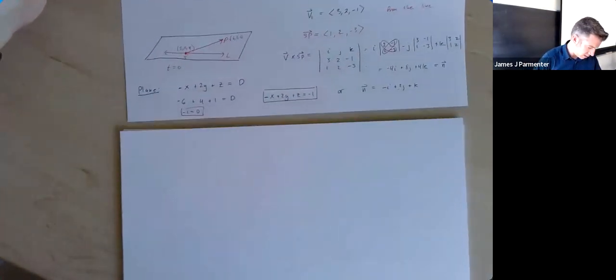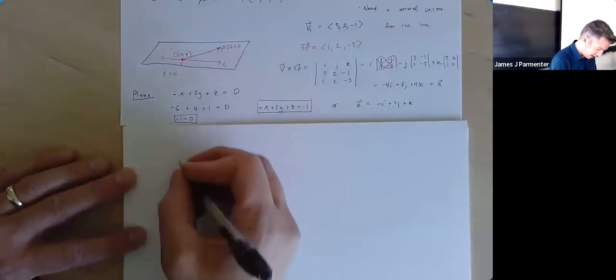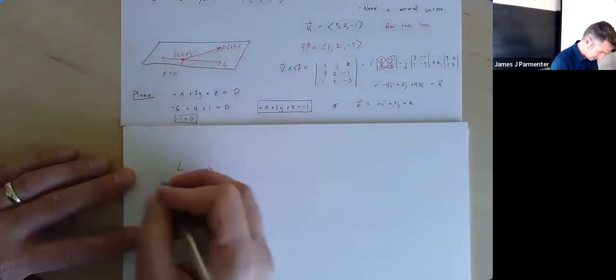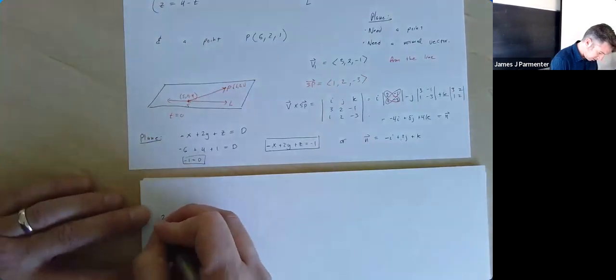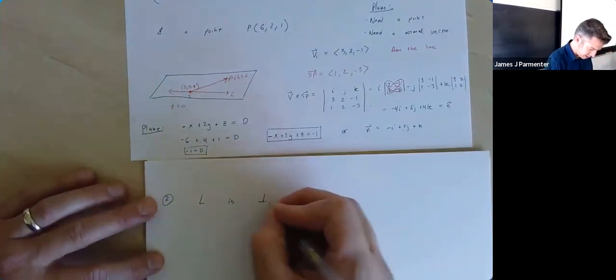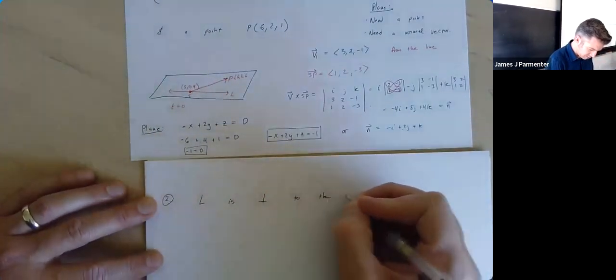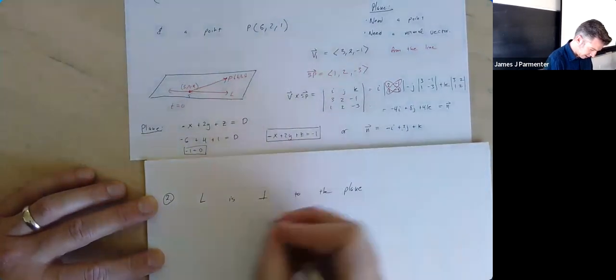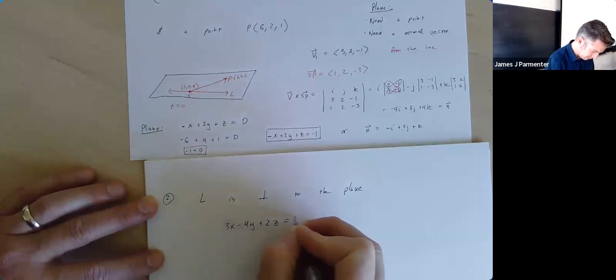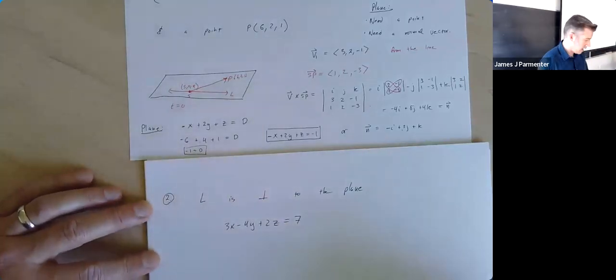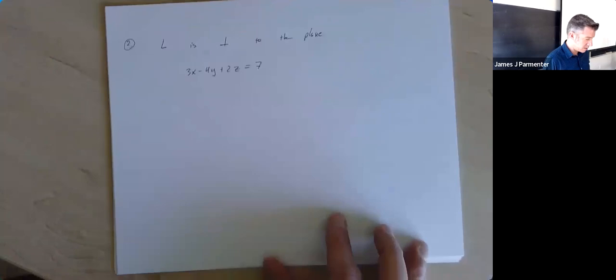So for example, let's call this problem 1. We're being given that the line L is perpendicular to the plane. Let's say the plane is 3x minus 4y plus 2z equal to 7. And they're telling us that the line goes through a certain point.